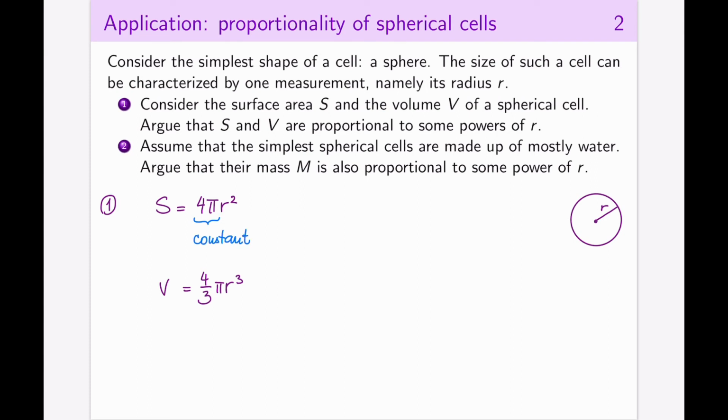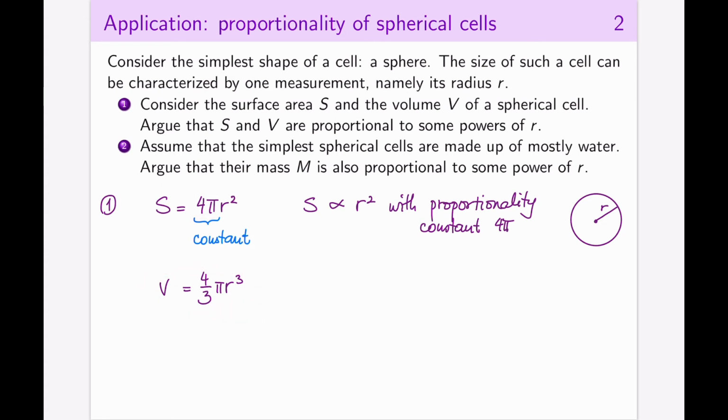So 4 pi is some constant number, which means that we can think of this as a proportionality constant k, and this implies that S is proportional to r squared, with proportionality constant 4 pi. So let's write that down: S is proportional to r squared. Oftentimes we assume that the proportionality constant is unknown and we have to solve for it, but here we actually know the proportionality constant is 4 pi.